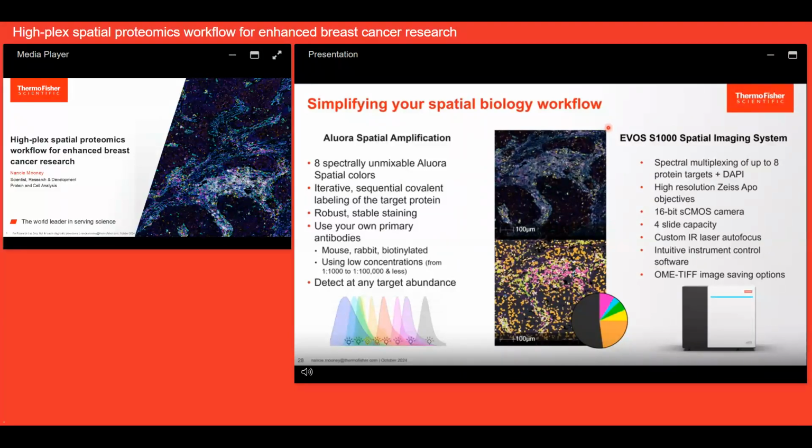I then used the EVOS S1000 spatial imaging system to spectrally unmix these 8 protein targets and DAPI using the Zeiss high-resolution objectives and the CMOS camera to get good image quality. This has a 4-slide capacity and custom IR laser focus that allowed me to take whole tissue slice images of my samples.